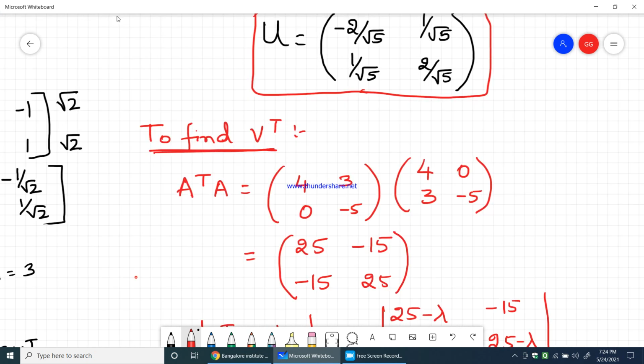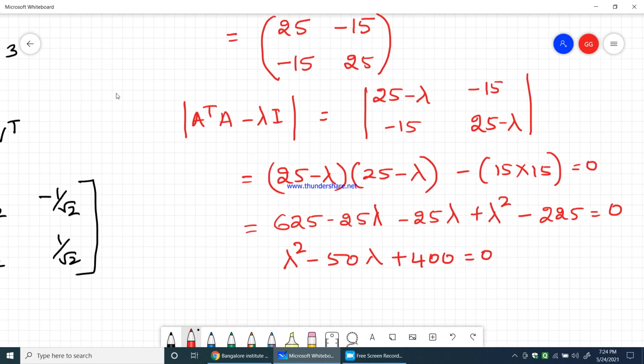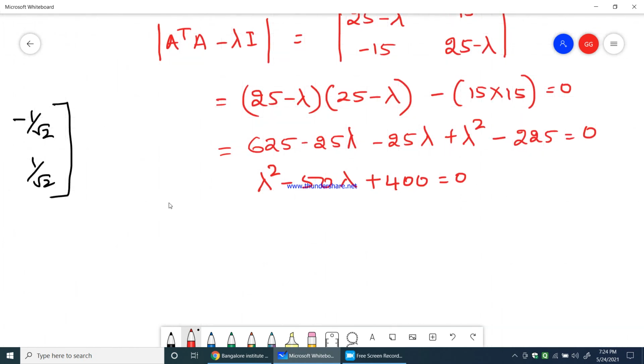Even here we are getting the same equation. Therefore, if you find the roots, lambda 1 equals 10 and lambda 2 equals 40. So we got the same roots.